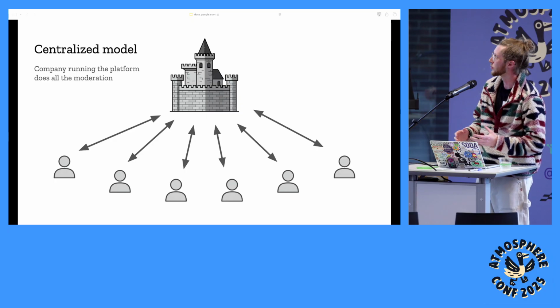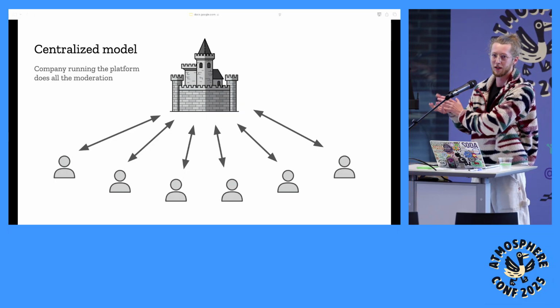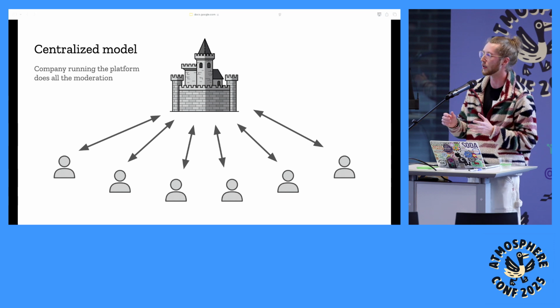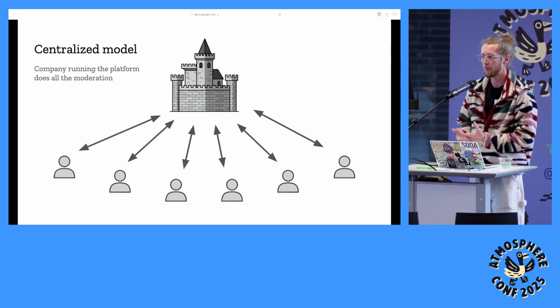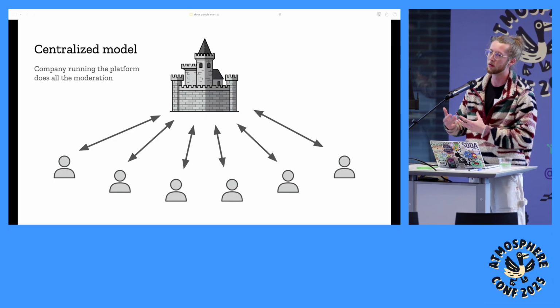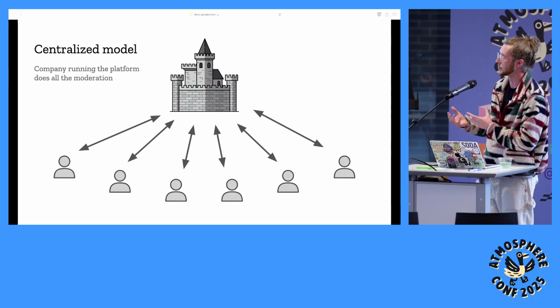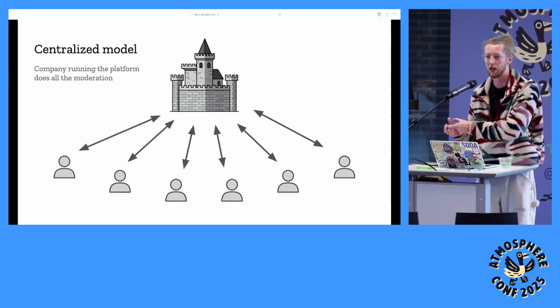So the traditional model is you have the company sitting at the middle, and they're the ones in charge of making that decision of whether, in this case, a post gets labeled, or just the moderation decisions are centralized within that company.